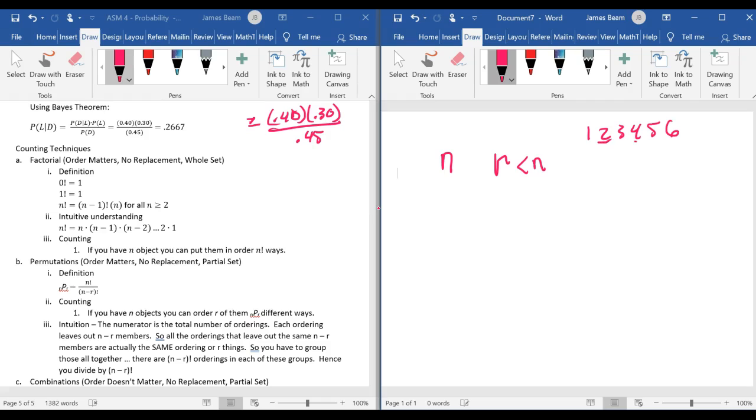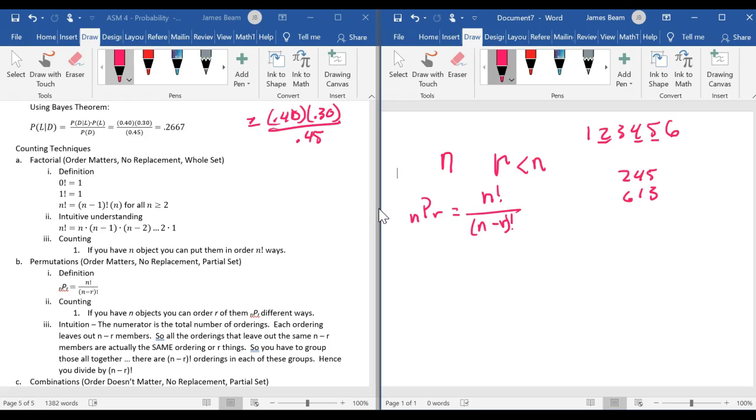So I'm going to pick 2, 4, and 5, and I'm going to pick them in that order, or if I do it again, I pick 6, 1, 3. So this is different. These are what we call permutations, right? Formula for that is n factorial over n minus r factorial.